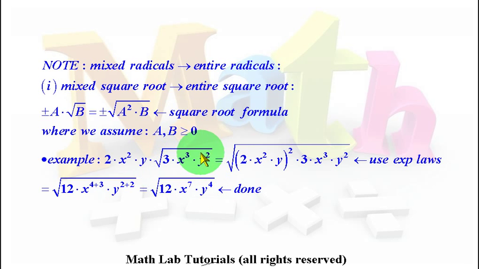Again, this was mixed because we had a good guy outside and we had a bad guy inside. And we allowed the good guy inside the radical. We squared it. Then we used exponent laws to simplify to get this as our final answer. Okay, so on to the next slide.